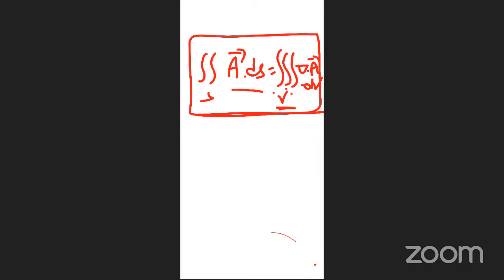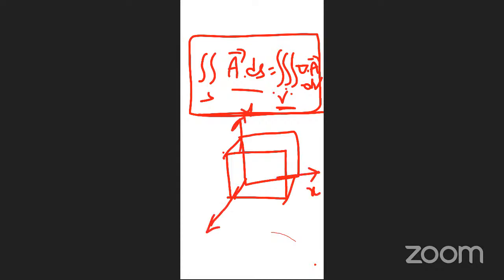Let us consider a closed surface S. Then consider a coordinate system with x-axis, y-axis and z-axis, divided into a number of cubical elements of area ds and volume dv. Consider one cube with its origin, of lengths dx, dy and dz. So the volume dv is equal to dx dy dz.